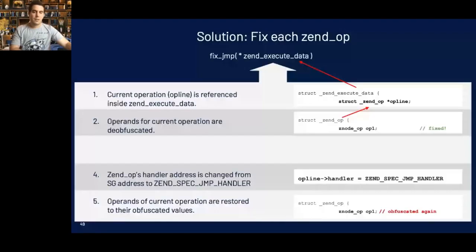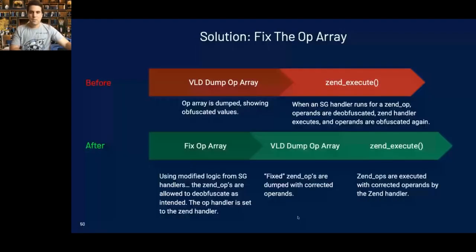Now, that's just fixing the jump instruction, but there's an entire op array that needs to be fixed. Before, if you remember, when we dumped an op array, we'd be dumping obfuscated values. And then when those instructions are executed by Zend execute, the operands are deobfuscated, the Zend handler executes it, the instruction fires, and then the operands are obfuscated again.